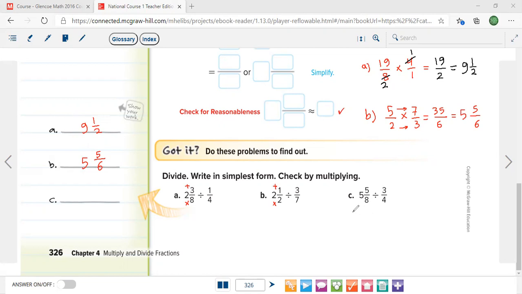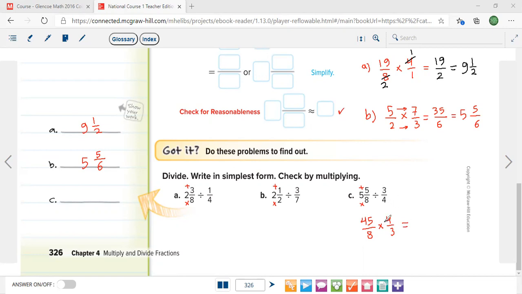Now for problem C, multiply then add from down to up. 8 times 5, 40 plus 5, 45 over the same denominator 8. Division will be multiplication. 3 over 4 will be 4 over 3. We can use cancellation to solve this problem.